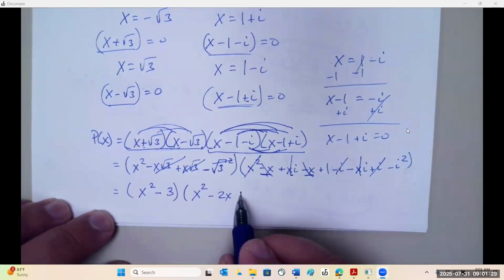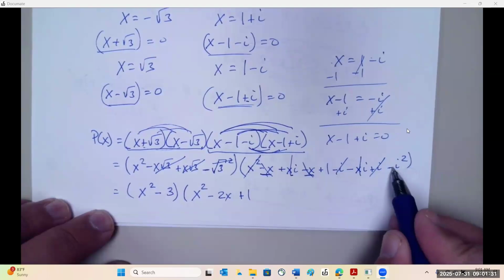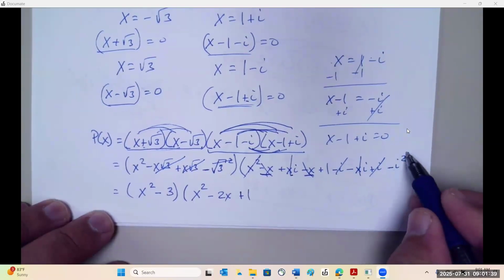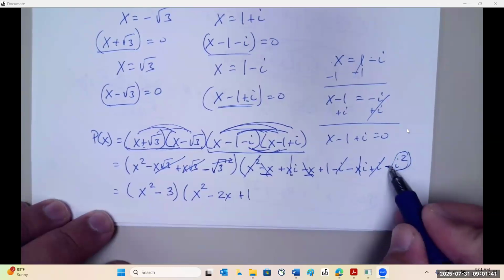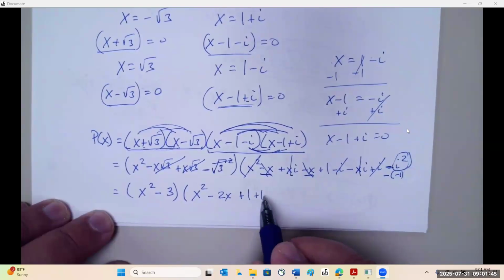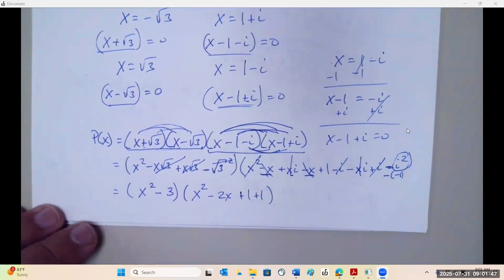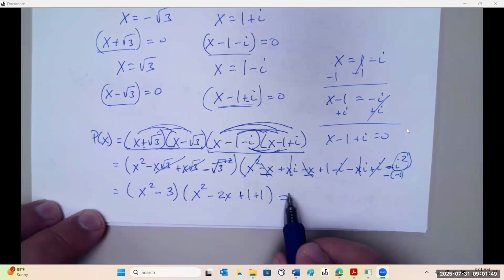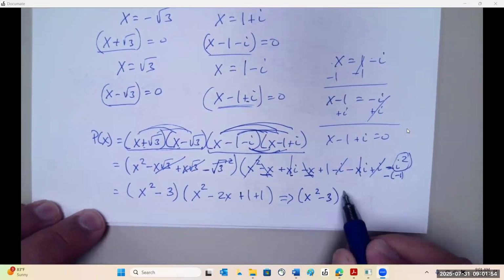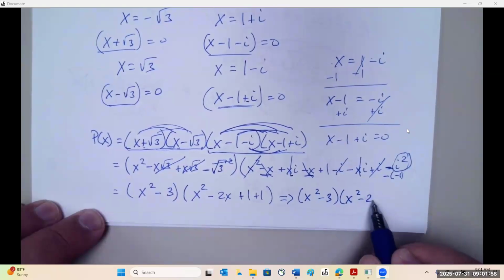So we have a plus 1. Negative i squared becomes what? Positive 1, because i squared is negative 1. So it's the negative of a negative 1, which makes it a positive 1. So our polynomial so far becomes x squared minus 3, times x squared minus 2x plus 2.